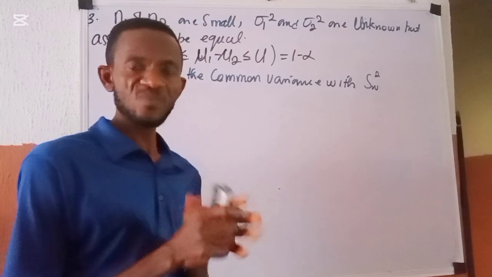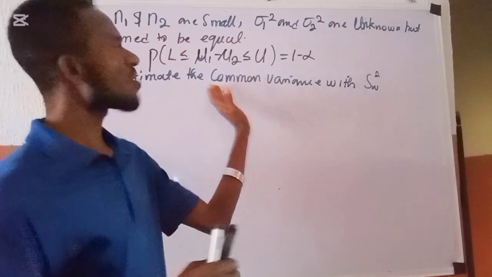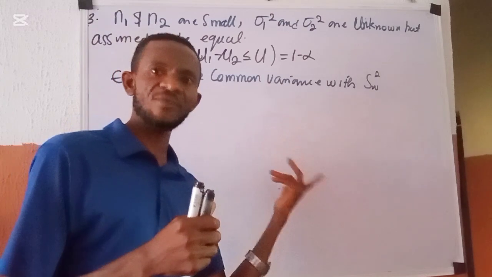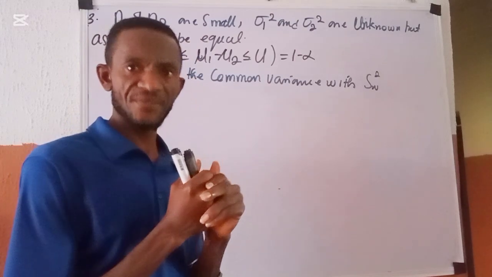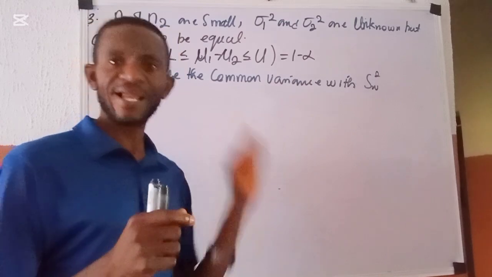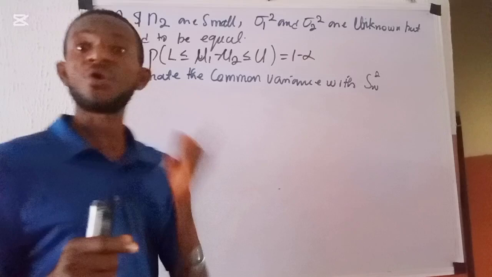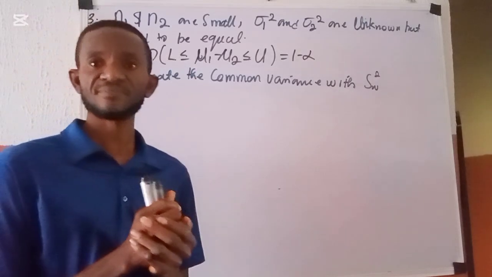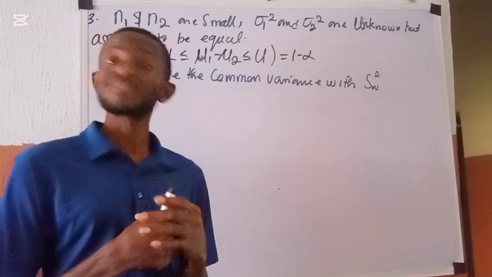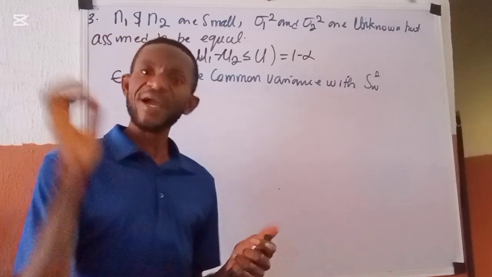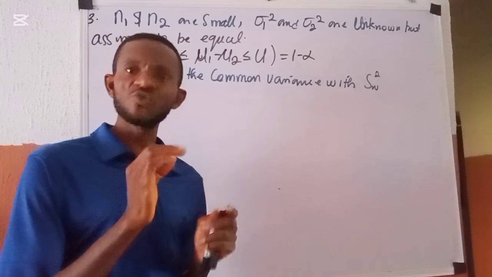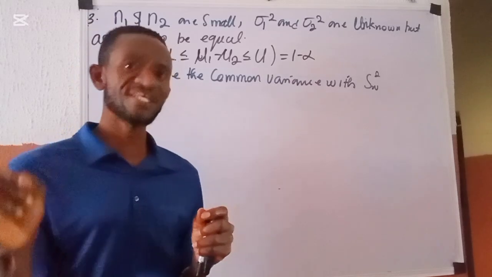So, if you estimate the common variance with SW squared, then we go ahead to get the value of our L and U. Remember that at the beginning of our class on interval estimation, we said clearly that whenever our n is large, n is assumed to be large when it is greater than or equals to 30.